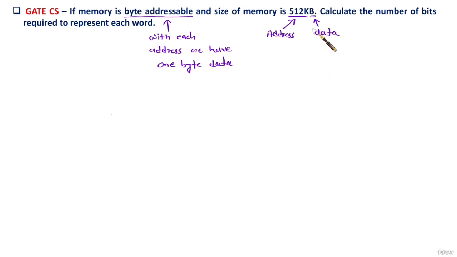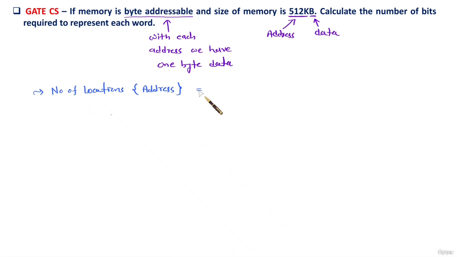Here we need to identify how many bits are required to represent each word. The number of bits is based on the number of locations. So first we need to identify how many locations there are. Number of locations means number of addresses.